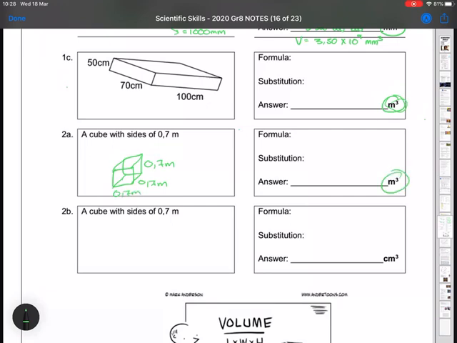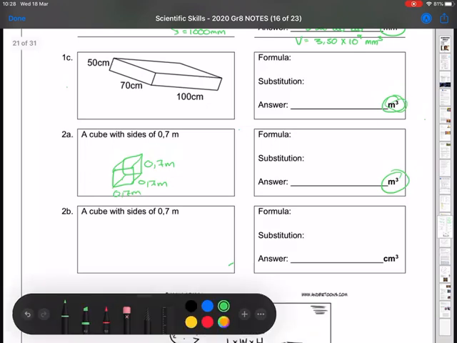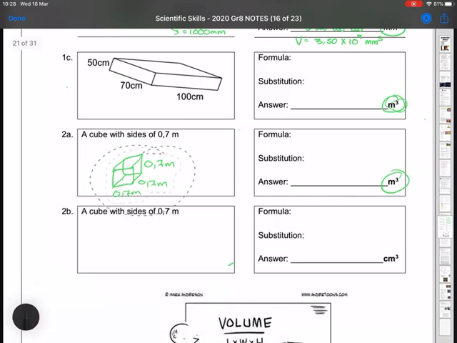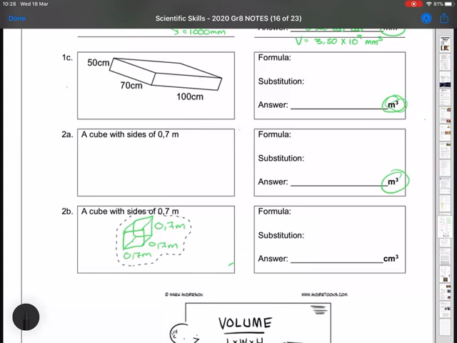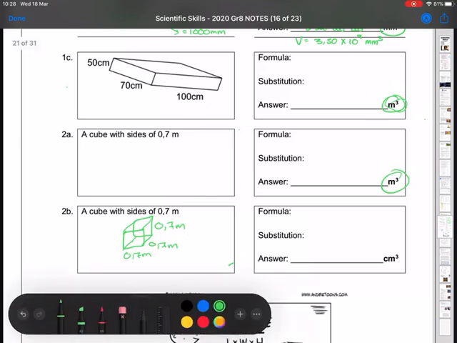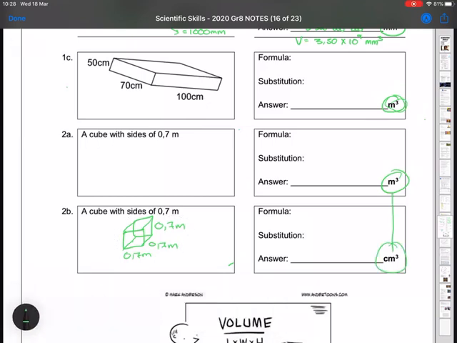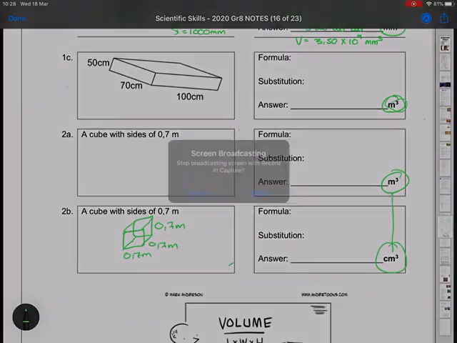You need to work out its volume in cubic meters, so you don't need to do any conversions there. But the same cube, the exact same cube, you need to work out what its volume would be, but not in meters, but in centimeters cubed. Okay, we will go through that in the next lesson. Thanks, grade 8s.